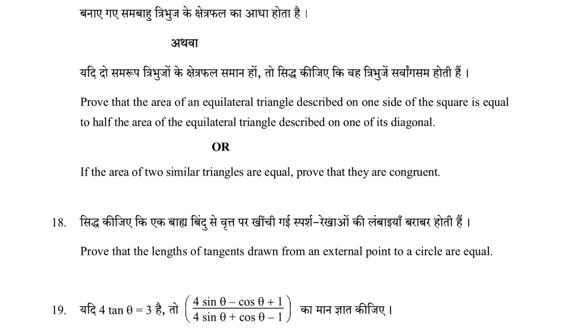Question number 17. In this, we need to prove that the area of an equilateral triangle described on one side of the square is equal to half the area of the equilateral triangle described on one of its diagonal. We have a square. In this, we have an equilateral triangle on one side.